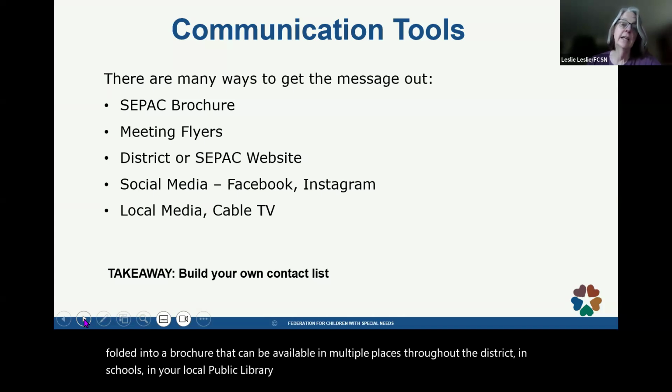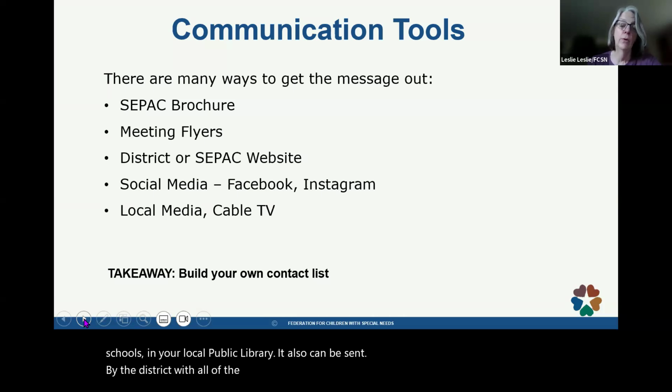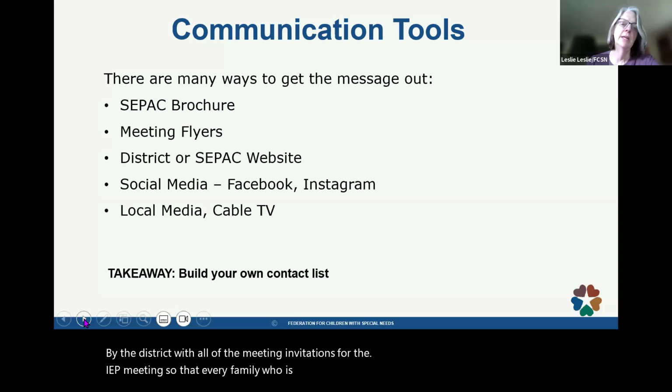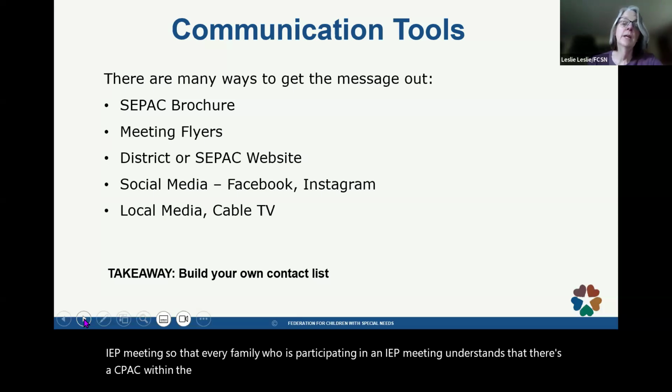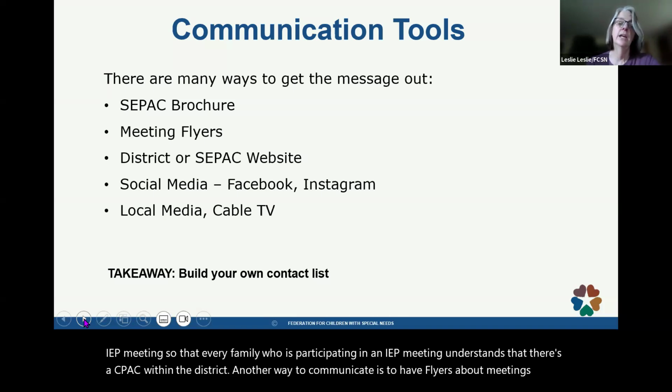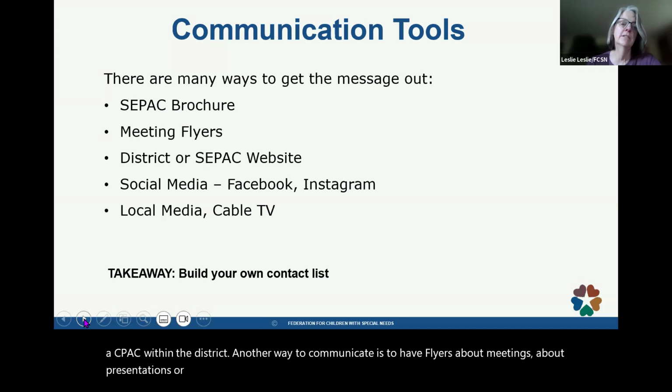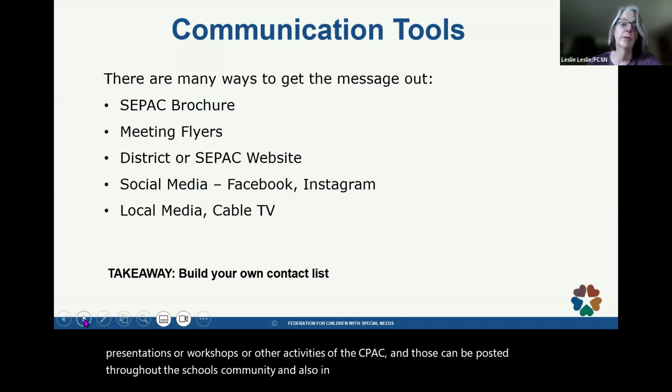It also can be sent by the district with all of the meeting invitations for the IEP meeting so that every family who is participating in an IEP meeting understands that there's a CPAC within the district. Another way to communicate is to have flyers about meetings, about presentations or workshops or other activities of the CPAC, and those can be posted throughout the schools, community, and also in the greater community.